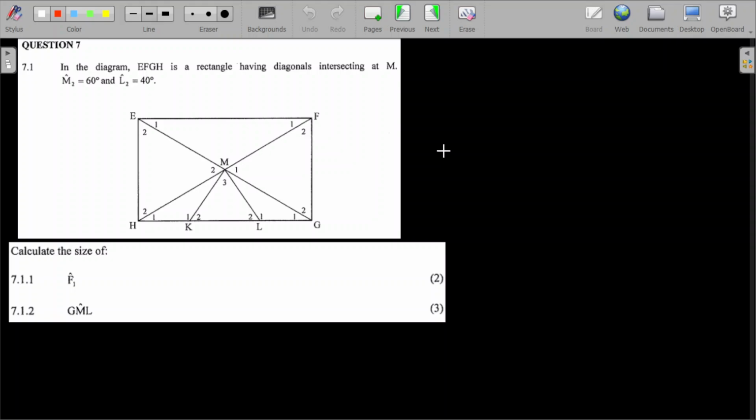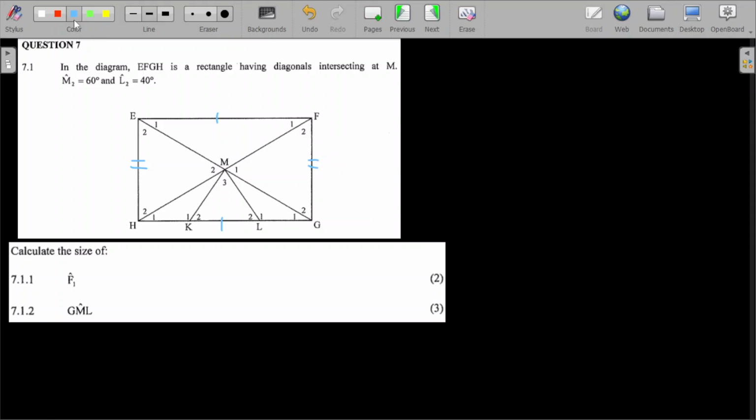Here they are telling us that in the diagram, EFGH is a rectangle. What is very important here is that we must first identify the properties of a rectangle. In a rectangle, two opposite sides are equal, so this side is equal to this side.